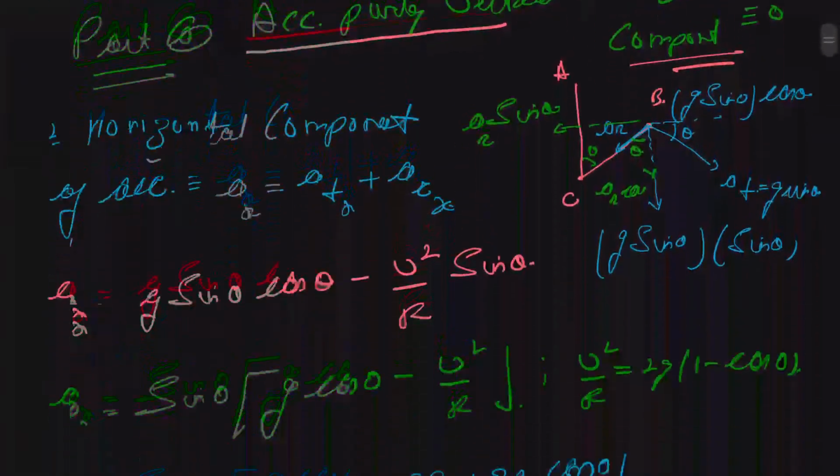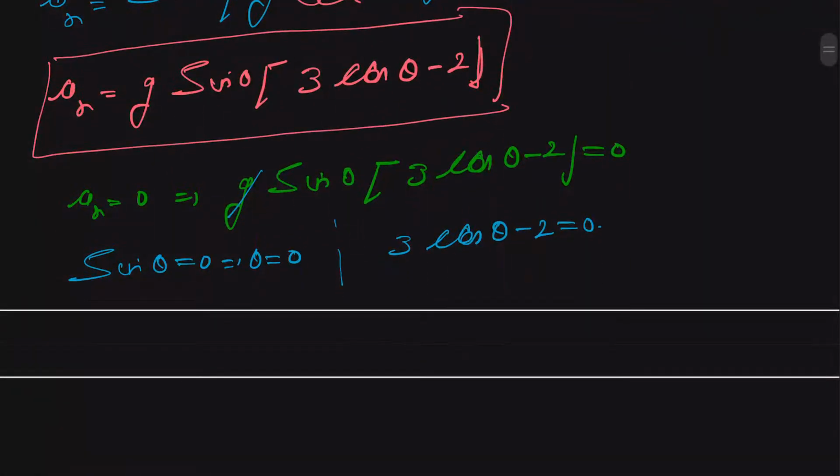That's not possible actually, so we are simply going to ignore this part, because if the value of theta is equal to 0, it means the bead is not moving from A to B. And for the other portion, we can easily say that cos of theta is equal to 2 by 3, or theta is equal to cos inverse of 2 by 3.